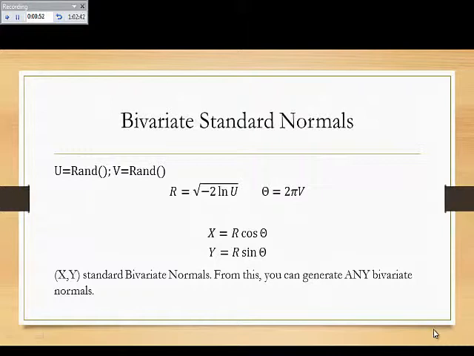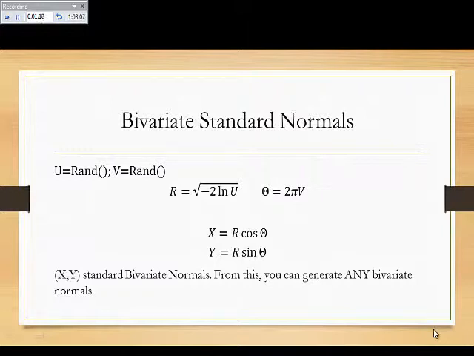So if you generate r as square root of minus 2 log u and theta as 2 pi v, where u and v are standard uniforms, then theta will be a uniform variable between 0 and 2 pi, so it will be the angle, which is equally likely to be any possibility, and r will be your square root of a chi-square.